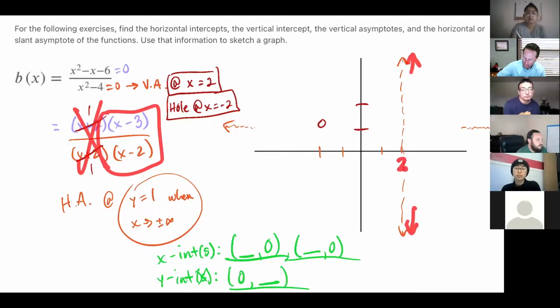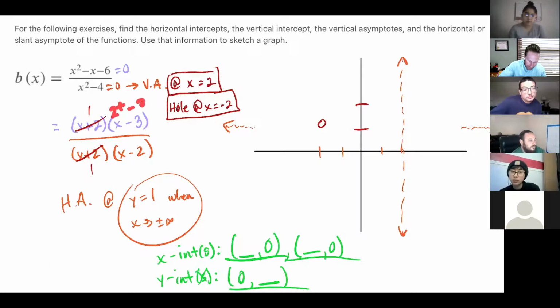Well, remember this is 2. Give me something to the right of it. 3. Okay, I don't like 3 because 3 gives me a 0. So you've got to be careful with your choices. Just think of something just to the right of 2. If you took a little bit more than 2 and subtracted 3, what would it be?